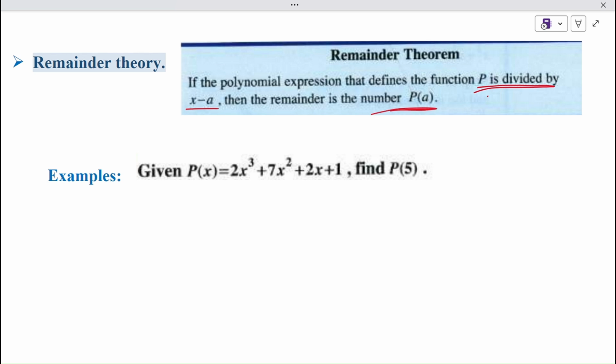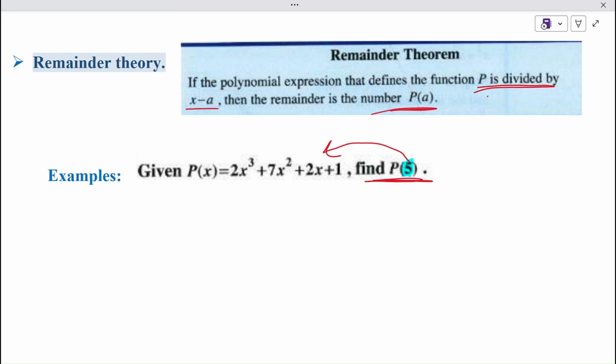What is the meaning of this? It means just find p of 5. It means substitute this 5 instead of each x in this polynomial. Then the answer that we get will be our remainder.